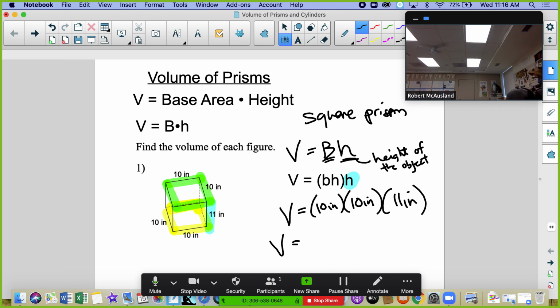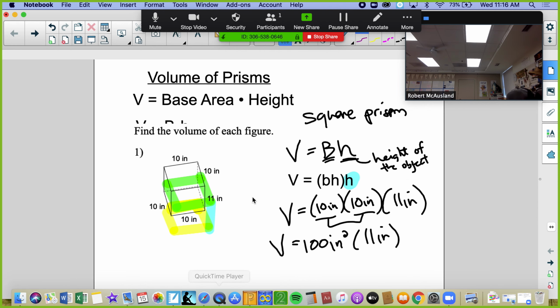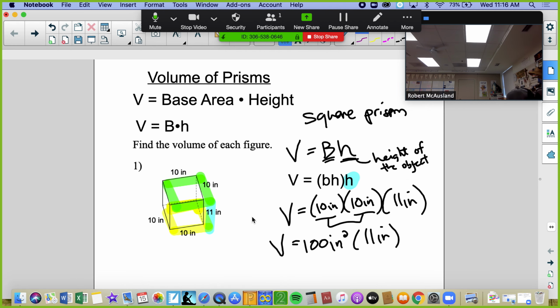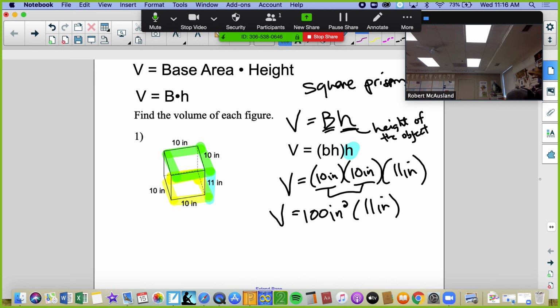So now let's simplify. 10 inches times 10 inches gives us 100 inches squared. And then we have to multiply that by 11 inches. Let's move the board up. Thank you. Volume equals 1100 inches cubed.